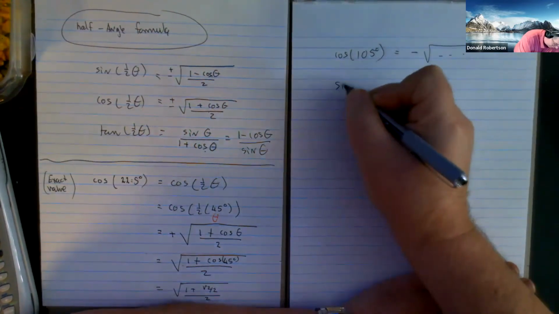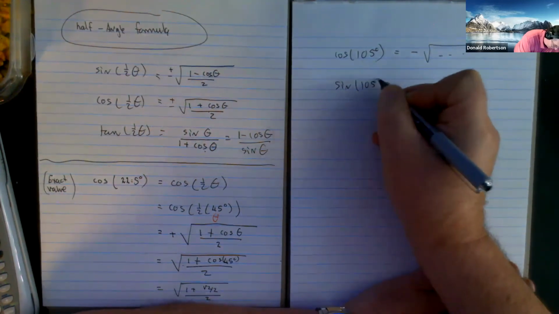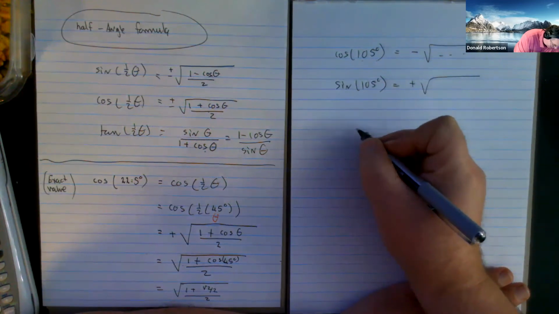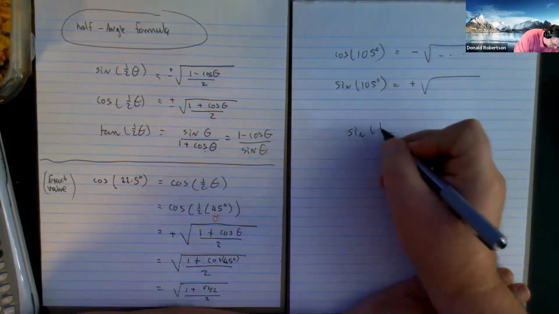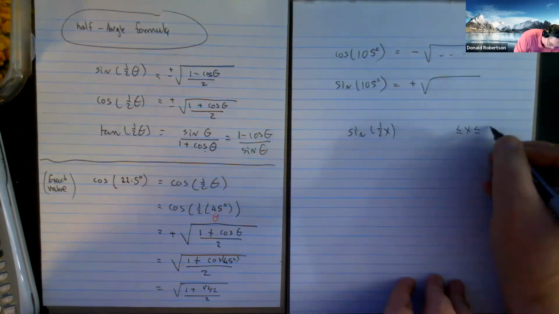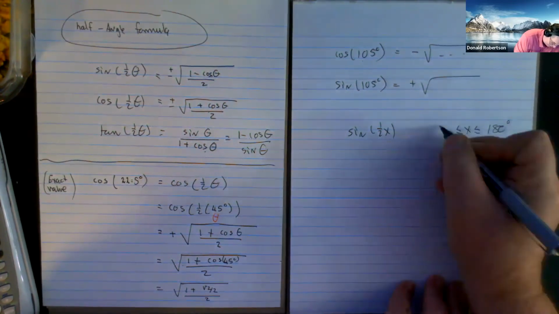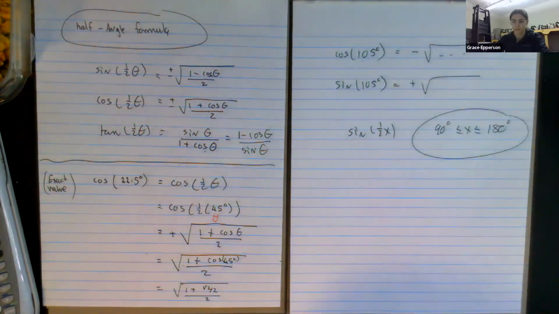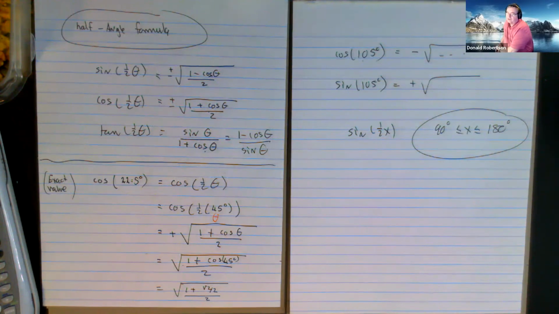If they ask me for the sine of 105, I know that's in the sine quadrant, so that's a plus answer. But if you only tell me to find the sine of half x, and the only thing you tell me is that x is somewhere in that range, you see, I have to work a little bit harder to decide is it plus or minus. So that's the difference.